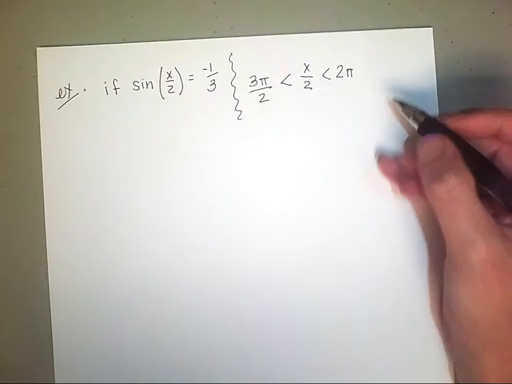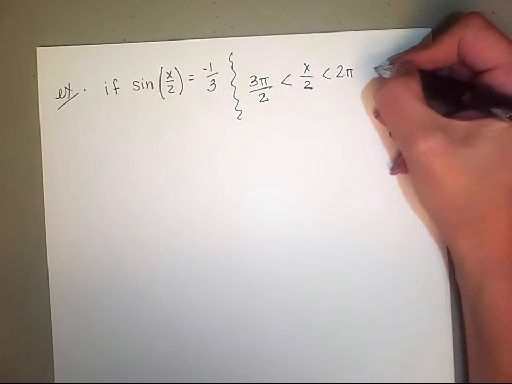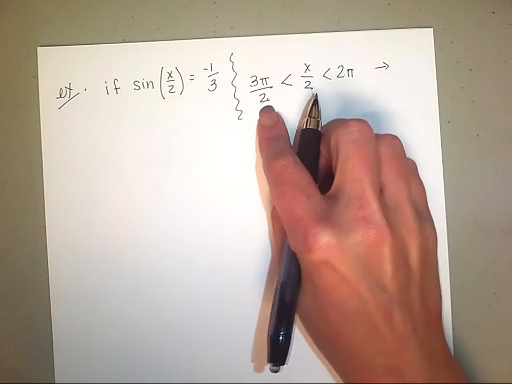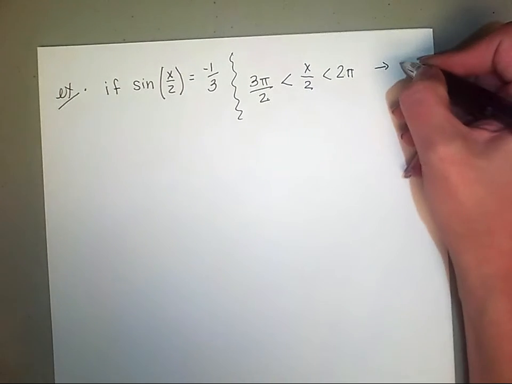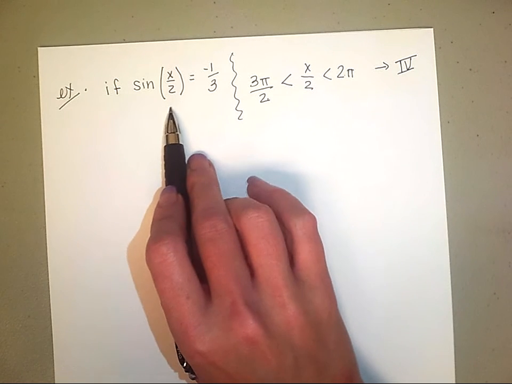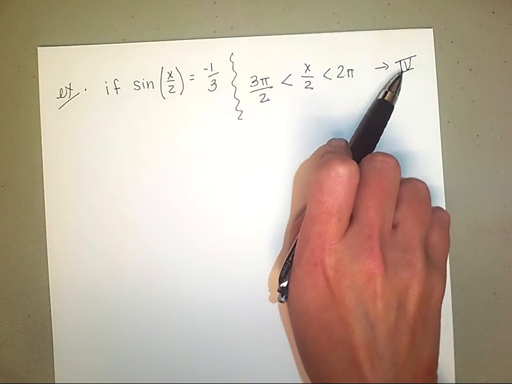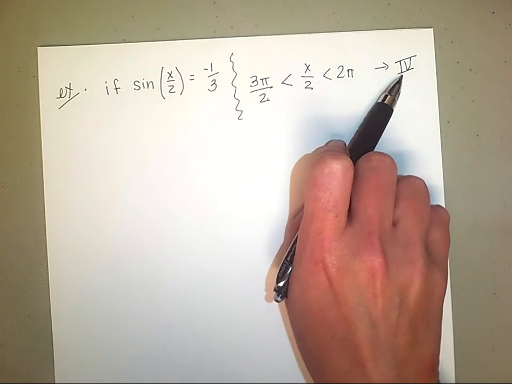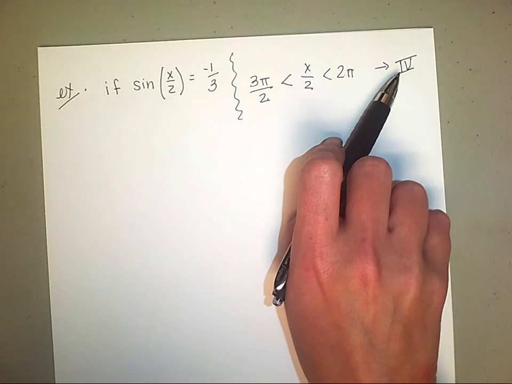This is another way they could tell you what quadrant you're in. If they tell you this, this says that we're in between 3 pi over 2 and 2 pi, so we must be in quadrant 4. So that value of the half angle lives in 4.